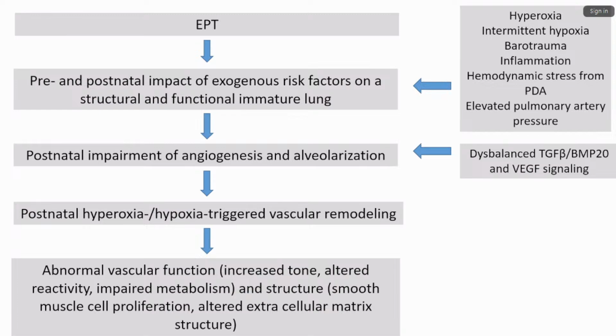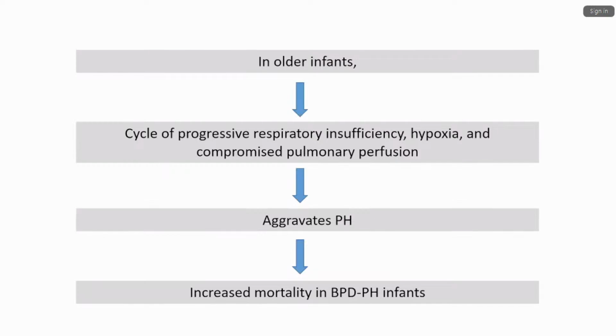And this leads to abnormal vascular function, that is increased tone, altered reactivity, impaired metabolism, and also a structure, that is smooth muscle proliferation, altered extracellular matrix structure. And in case of older infants, the repeated cycles of progressive respiratory insufficiency, hypoxia, and compromised pulmonary perfusion aggravate the pulmonary hypertension and lead to increased mortality in BPD associated with pulmonary hypertension.